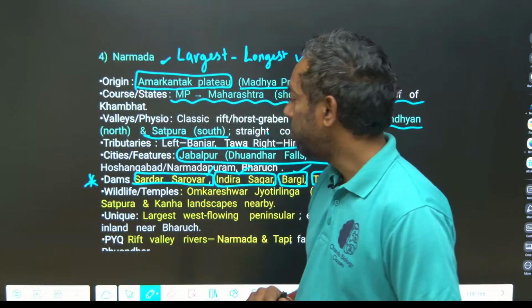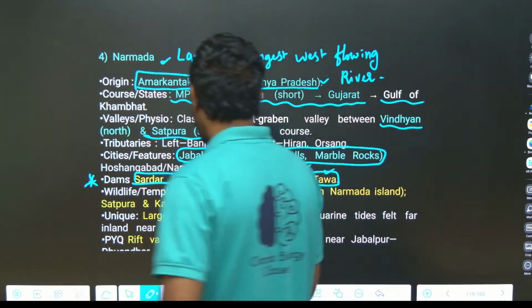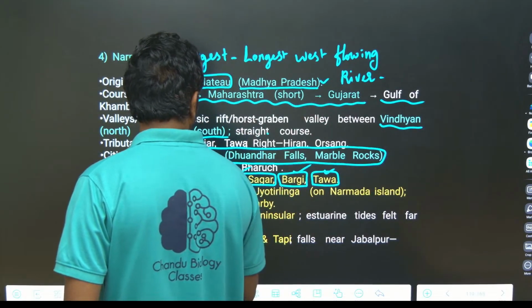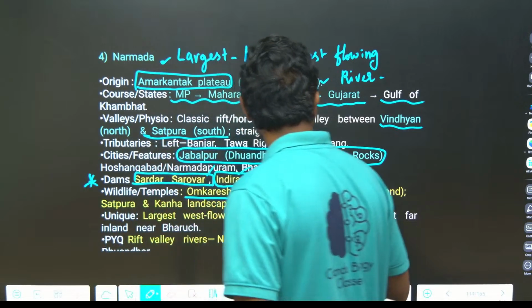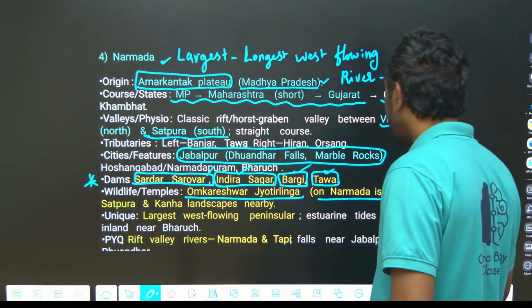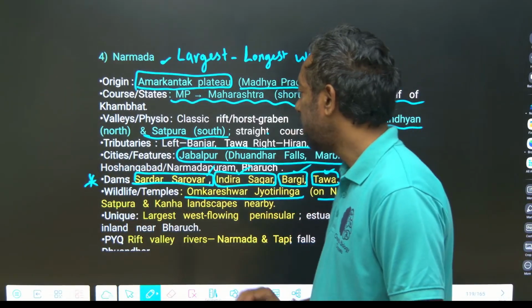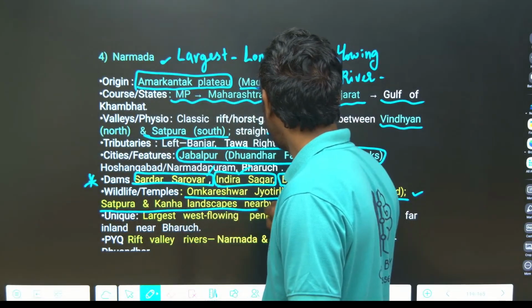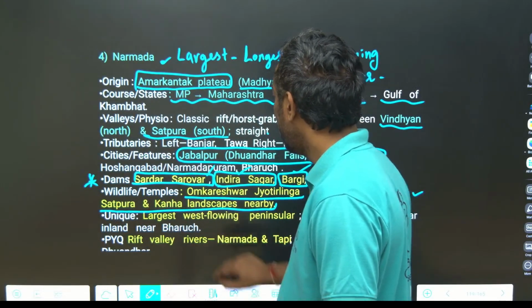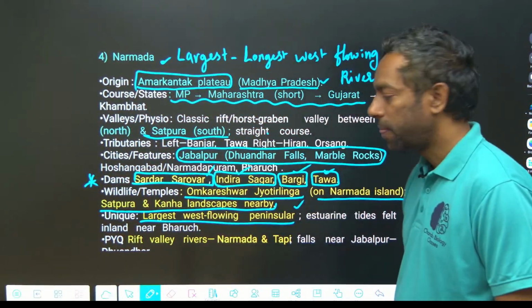I hope you guys understand this. There is wildlife and temples also relevant to this river. The Omkareshwar Jyotirlinga is on Narmada island, and the Satpura and Kanha landscapes are there. It is the largest west flowing river in the Peninsula.